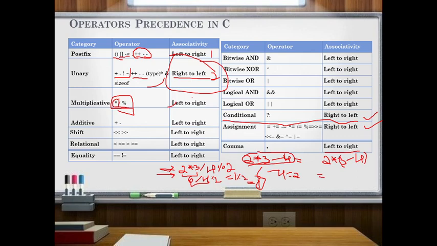Then what happens is you first have to evaluate the expression in the brackets. 3 minus 4 is minus 1, into 2. So you get the result as minus 2, whereas the result earlier was 2.